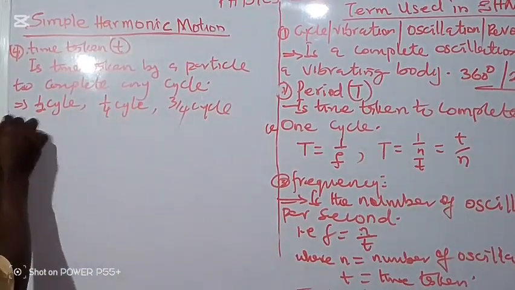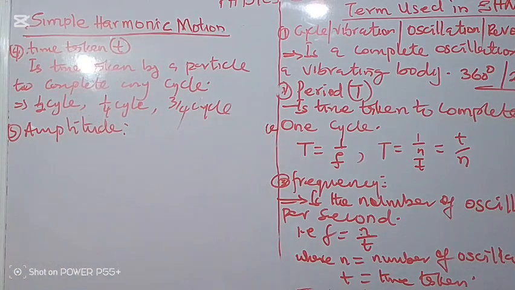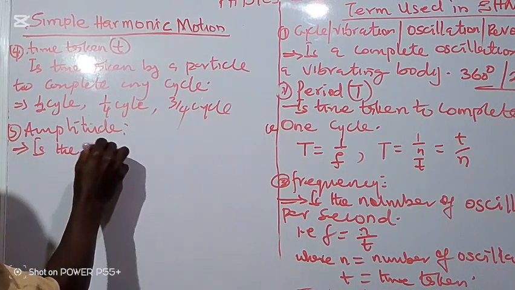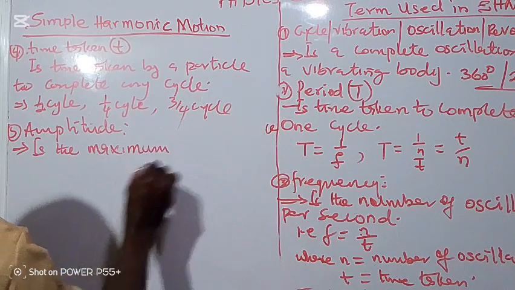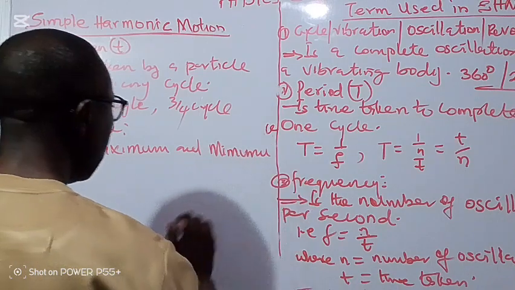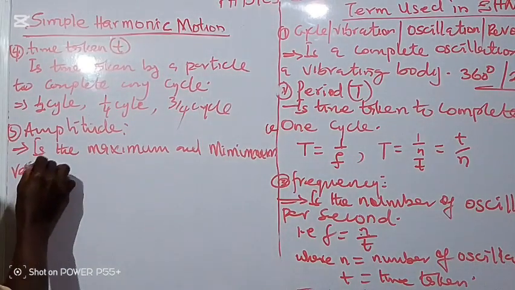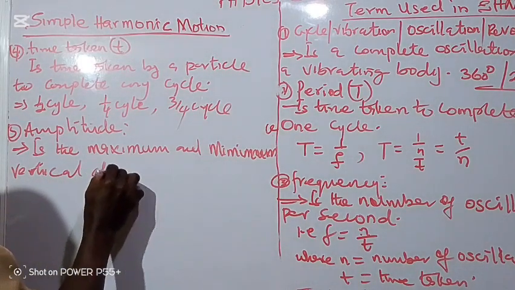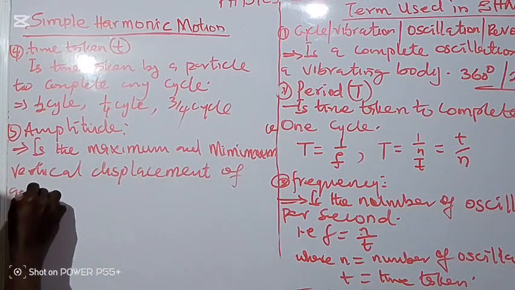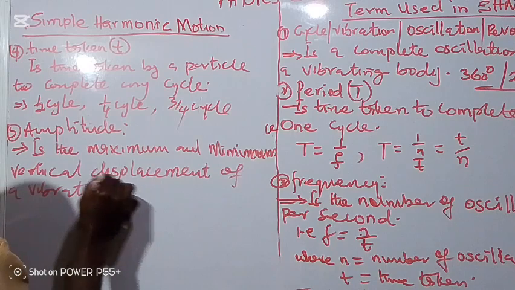Number 5, amplitude. When you say amplitude, amplitude is the maximum and minimum particle displacement of a vibrating body.